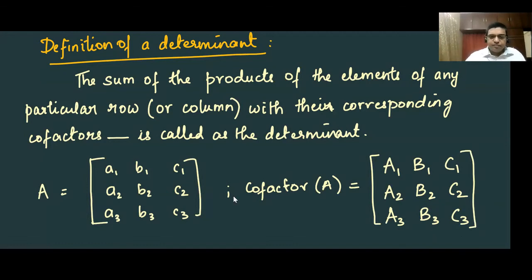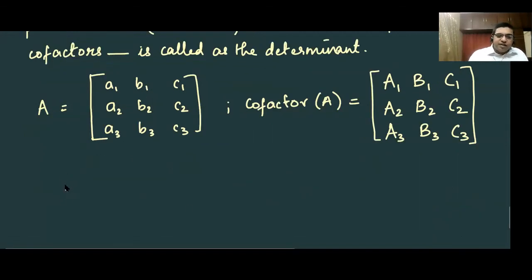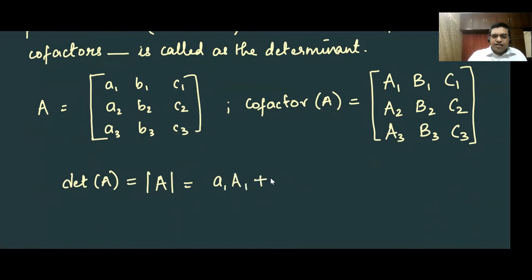Now determinant of A is defined as, along any row, the elements multiplied by their cofactors, take their summation: A1 capital A1, B1 capital B1, C1 capital C1.